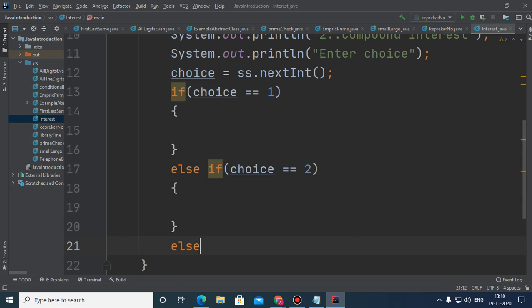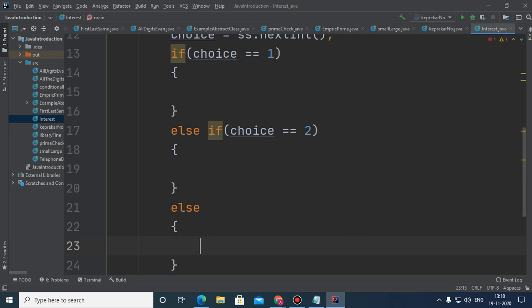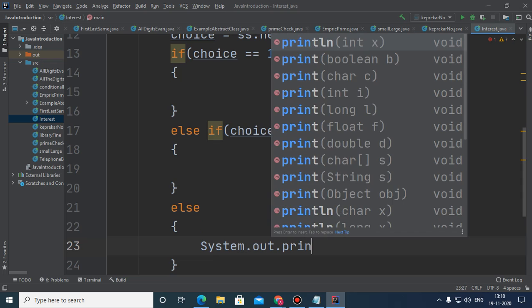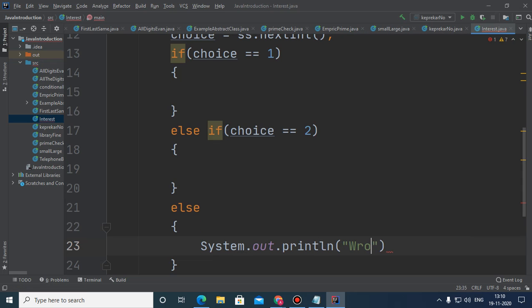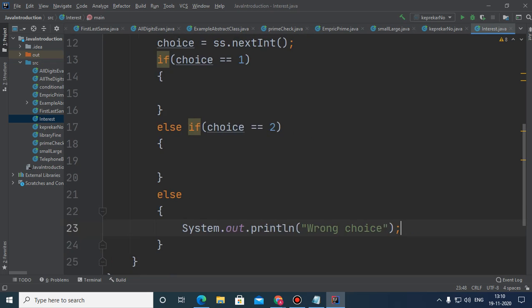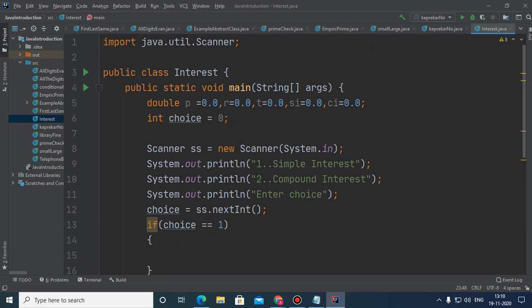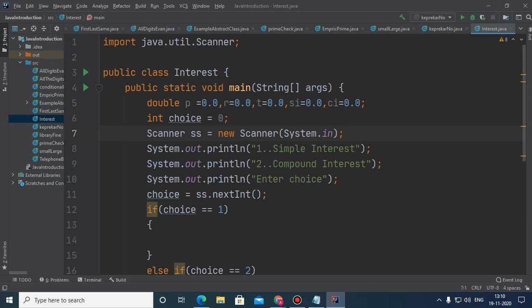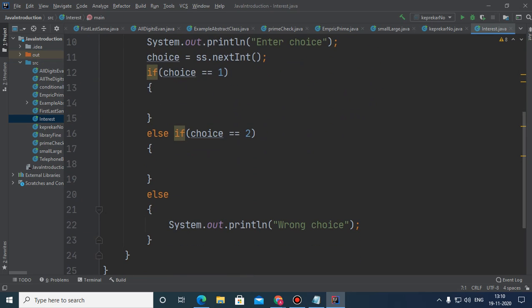And in case of else, the message will be wrong choice. So children, when choice is 1, you have to calculate simple interest. When choice is 2, you have to calculate compound interest. When choice is other than these two, it is wrong choice.